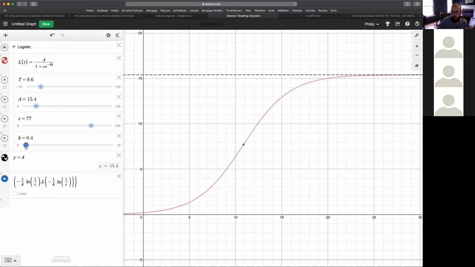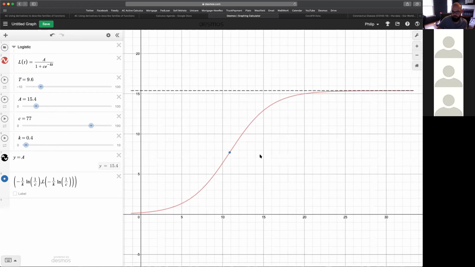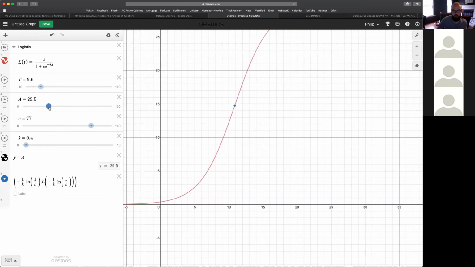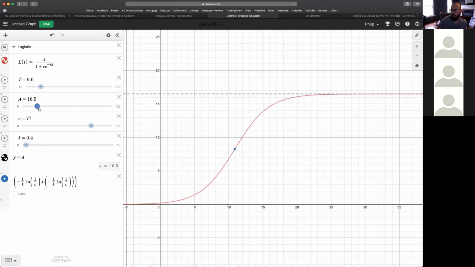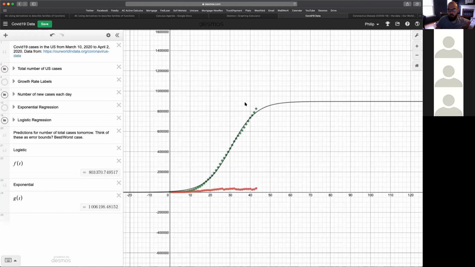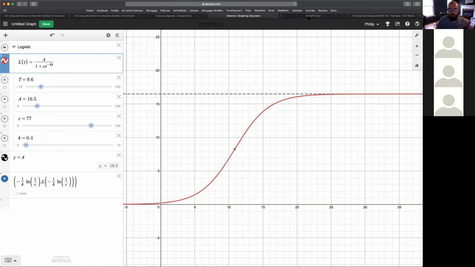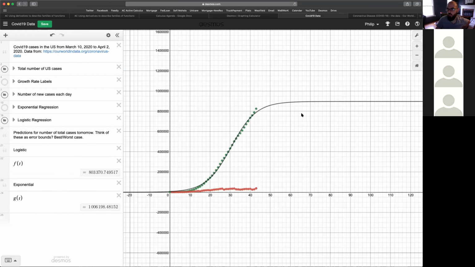We know it's going to grow something like this, but we don't know the exact values of these parameters. But this is a way that we're seeing calculus being applied very explicitly to modeling our current situation. We can see that these families of functions are what we're working with right now.